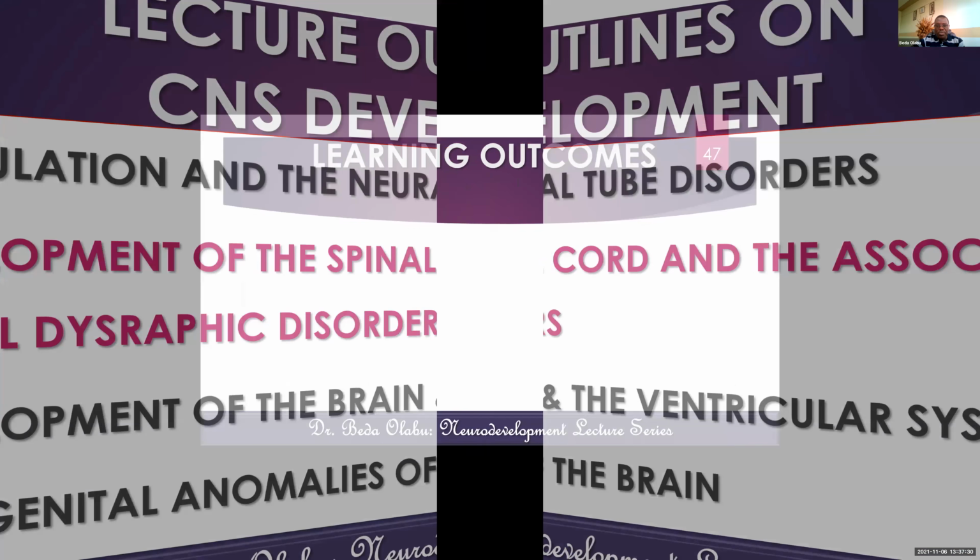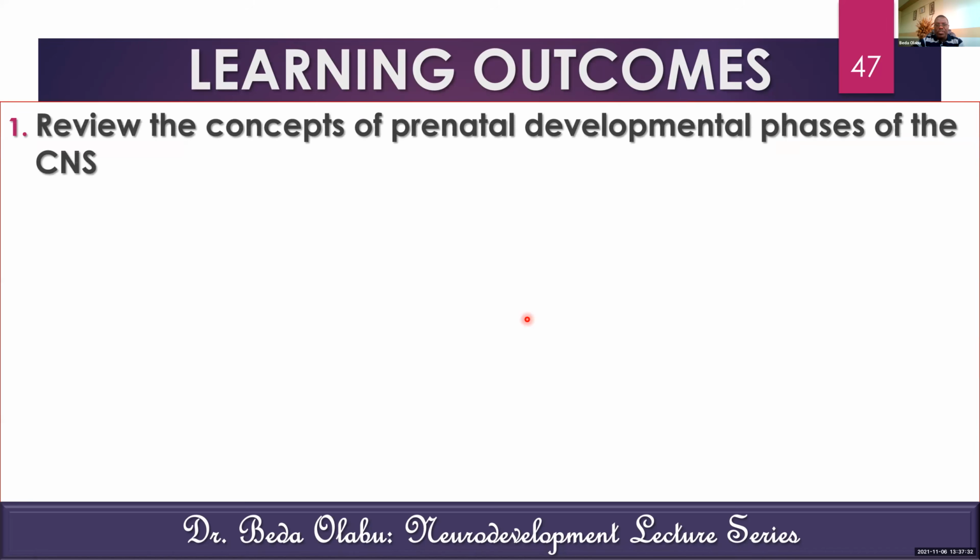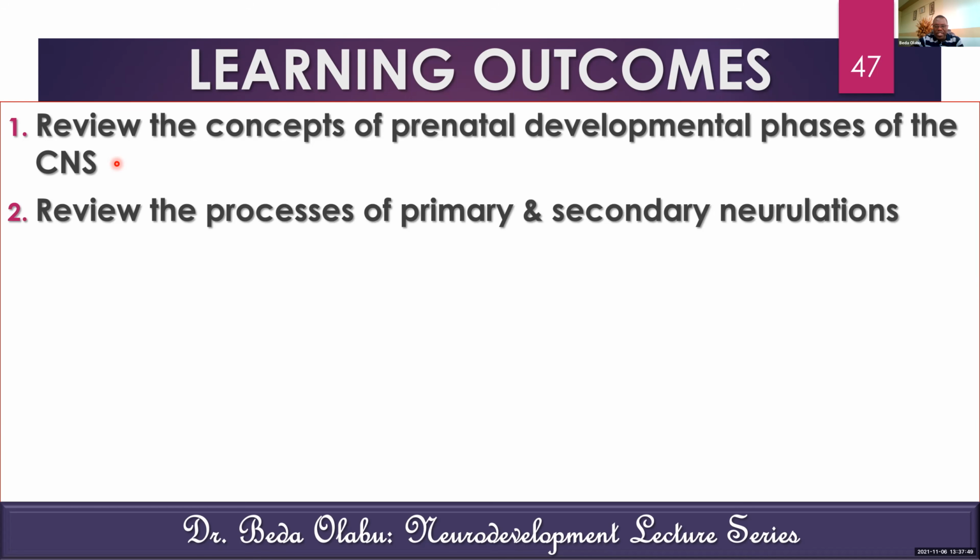Our specific objectives for this particular lecture would be, first, we will review the prenatal developmental phases of the central nervous system. I'm calling it a review because we mentioned it in the first lecture on neurulation. We'll also have a brief review of what neurulation is, and we talk about primary and secondary neurulation.